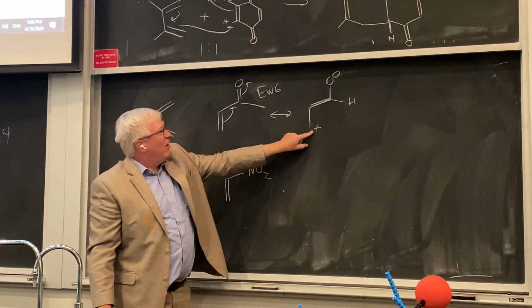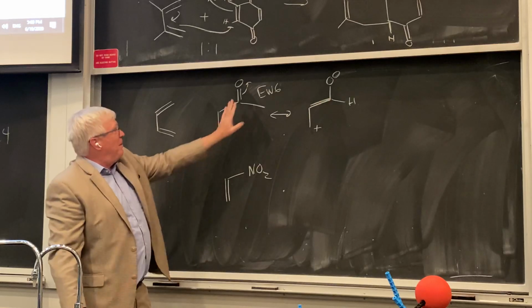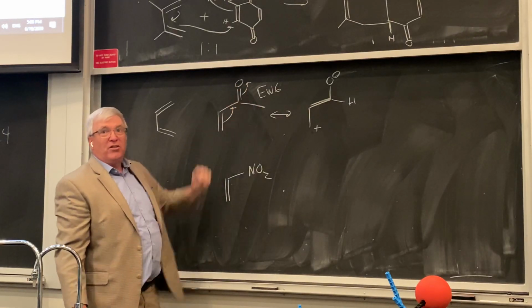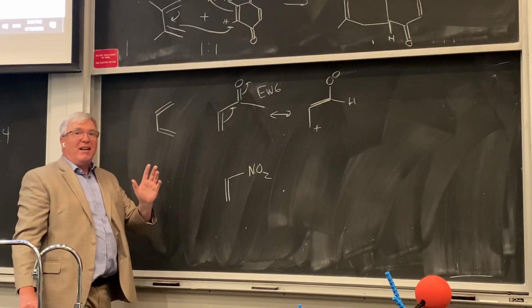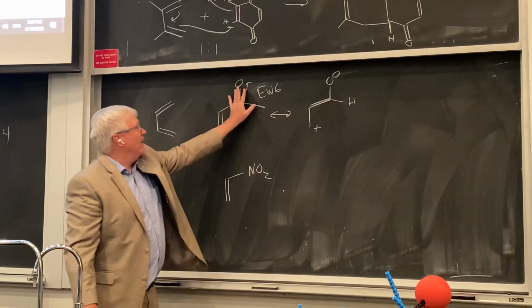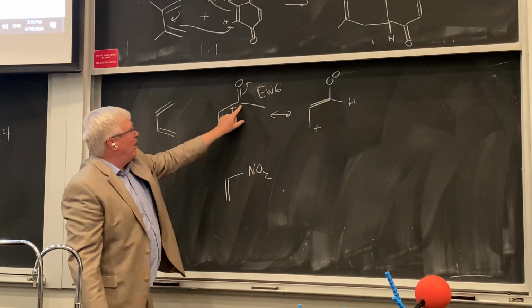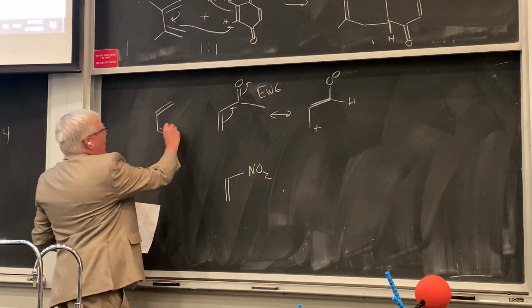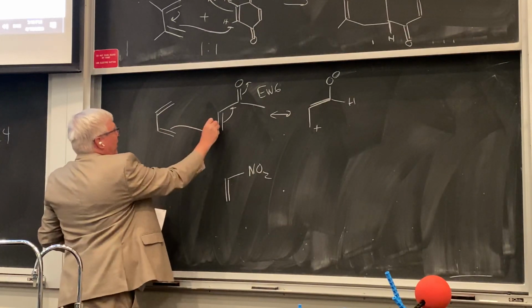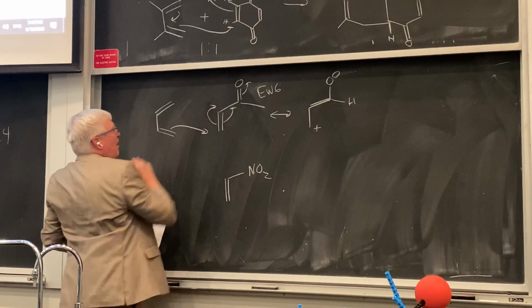In fact, that's the hallmark of why this works. Remember, we said ethylene on its own, just unsubstituted, simple ethylene, is a very bad dienophile. It just won't react, okay? But if we have an electron withdrawing group, that actually electronically matches this here. And you can see now, we can push the electrons here, and we can actually stop at this point.